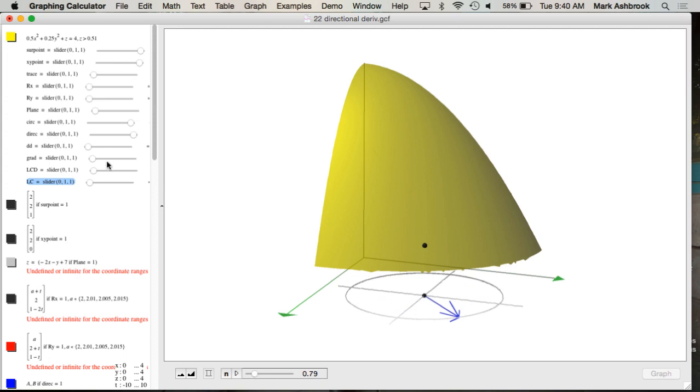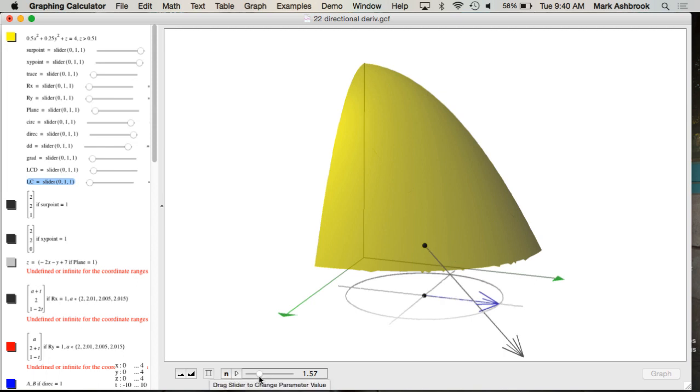So I can kind of show that this way. So now I have a vector that's, as we change the direction, showing the rate of change. So here I'm pointing in the y direction. Right there.